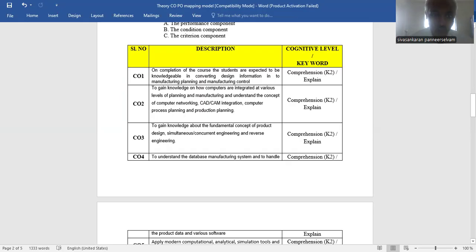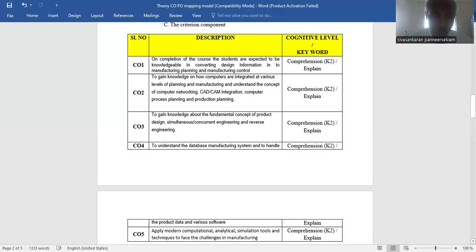Say, for example, in computer integrated manufacturing, the total number of units is 5. For each unit, there will be a specific measurable course outcome, defined as CO1, CO2, CO3, CO4, and finally CO5.